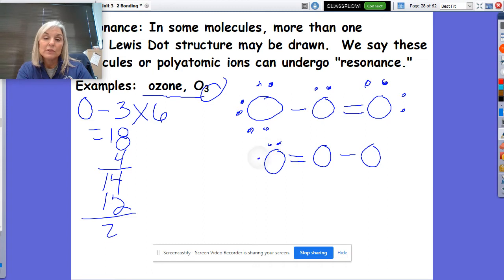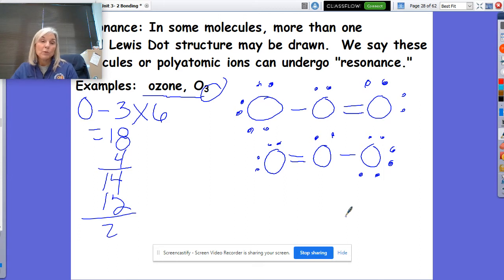So I have 2 and 2, and then I keep my single bond on my right side with my 2 electrons there. Now we have 2, 4, 6, 8, 2, 4, 6, 8 for the middle one, 2, 4, 6, 8. Whenever you have more than one way of drawing your Lewis dot structure, that's called a resonance.